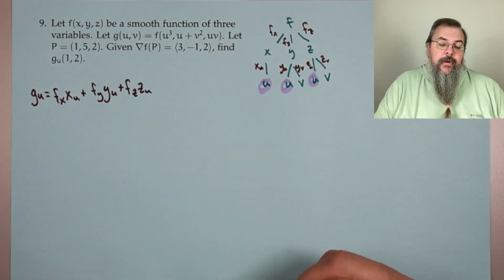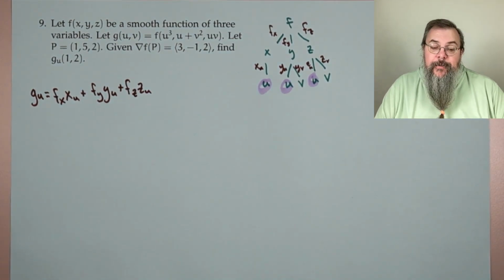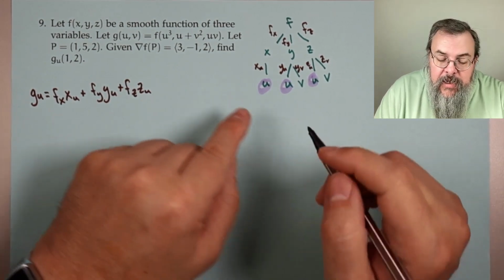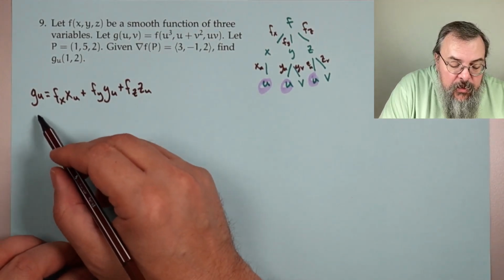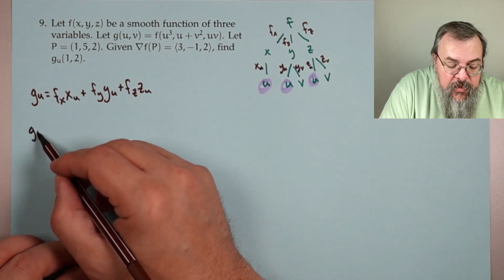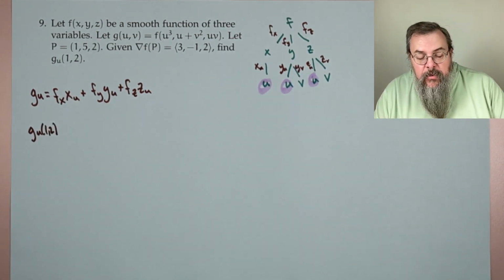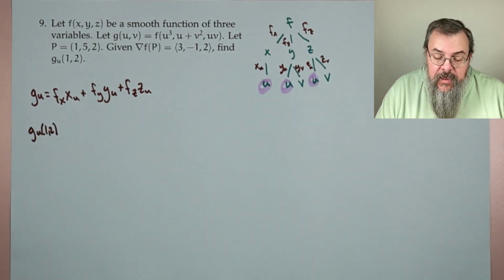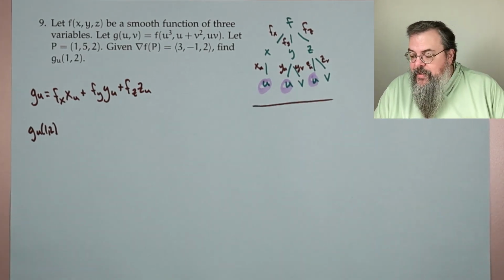Now, we want it at a particular point. So we're going to work on unraveling things. We need to find out what's going on. So, okay, we want g sub u at (1, 2). So that says u equals 1, v equals 2. We're going to do a little bit of side work here.